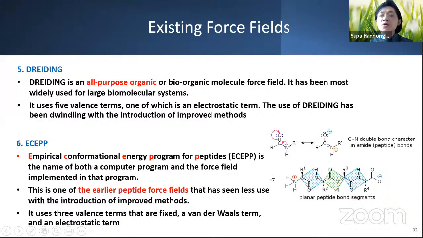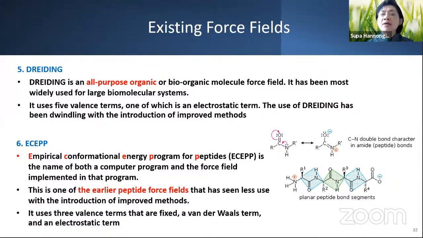Okay, so if you look on the right hand side, these are peptides, which are so complicated. There are N atoms and also charges on the nitrogen atoms, and also there are the planes of the peptides. Maybe they make some torsion angle.